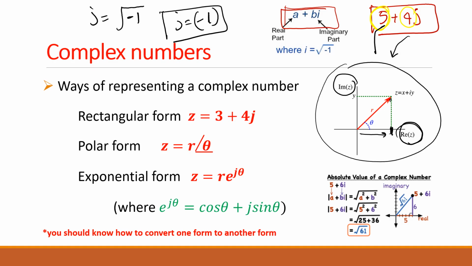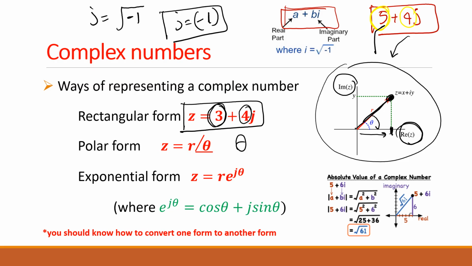After we plot it, for this number here, for example, 3 is your real part and 4 is your imaginary part. So you can find out the angle this point makes with the x-axis, or the real axis. So what is that angle?